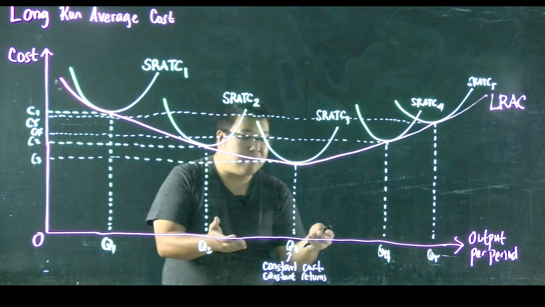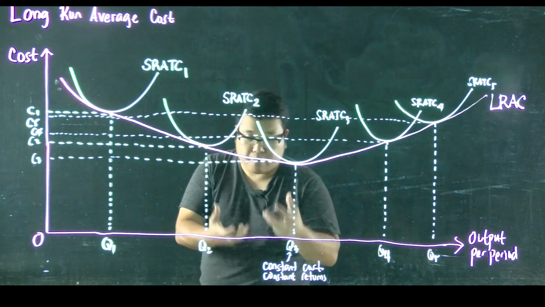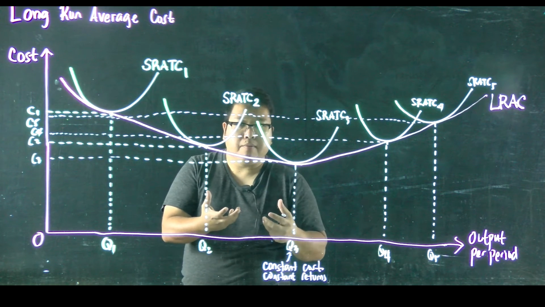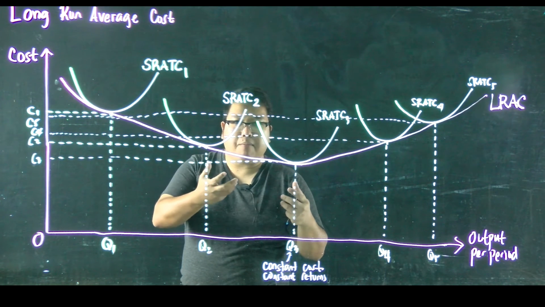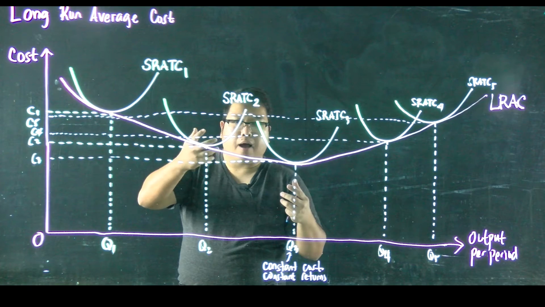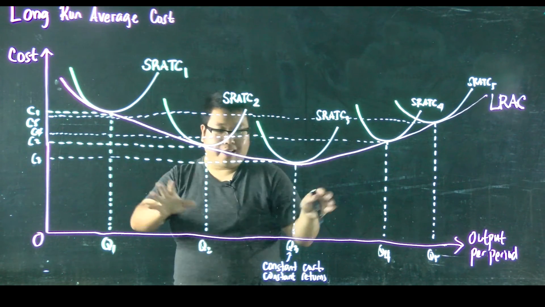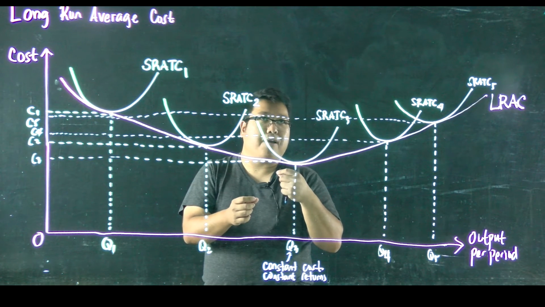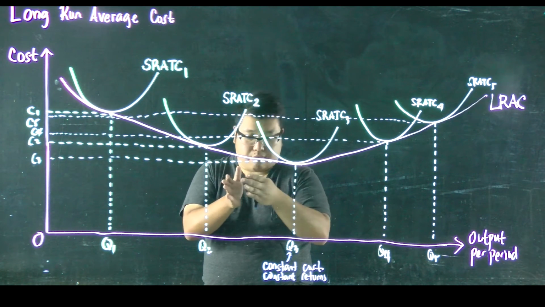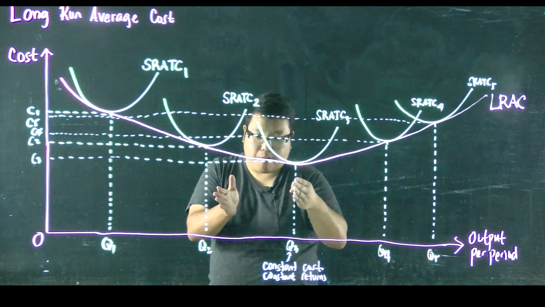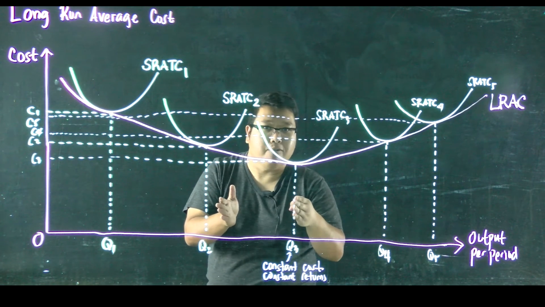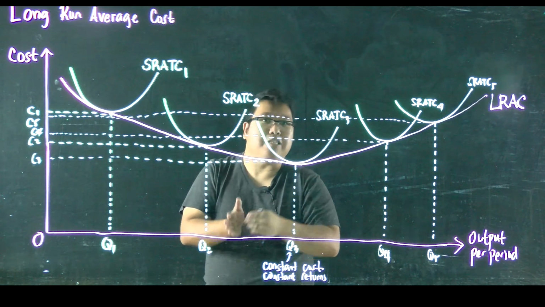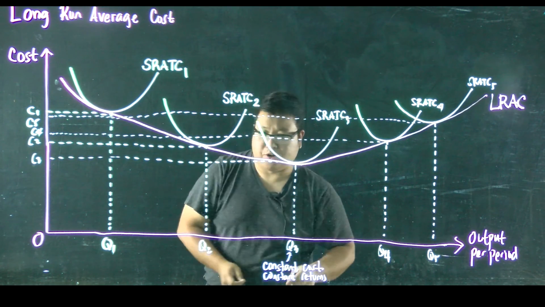Constant returns means that if the firm increases its labor by a certain amount, output will increase by the same amount. That's why it's called constant returns.